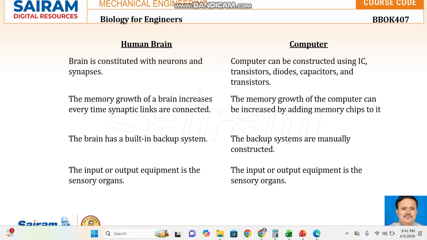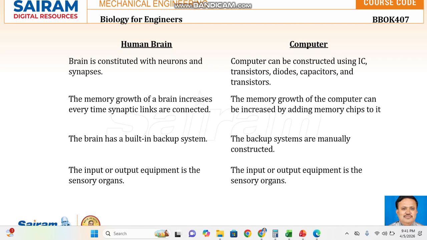The memory growth of the human brain will increase every time the synaptic links are connected. Whereas in a computer, the memory growth will be increased by adding memory chips. But in the human brain, every time the synaptic links are connected.